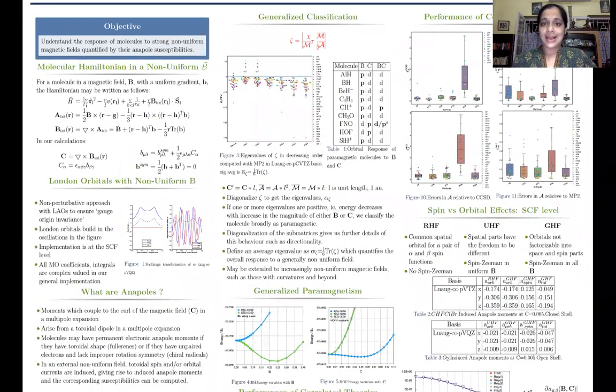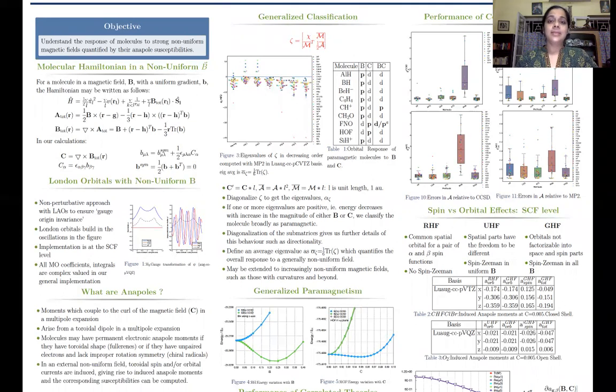Now, the normal classification for dia and paramagnetic comes from the trace of the chi matrix, and this has a problem for some molecules. For example, for BH and C4H4, not all the diagonal values have the same sign. 2 are negative and 1 is positive, and the trace turns out to be positive for BH and negative for C4H4.